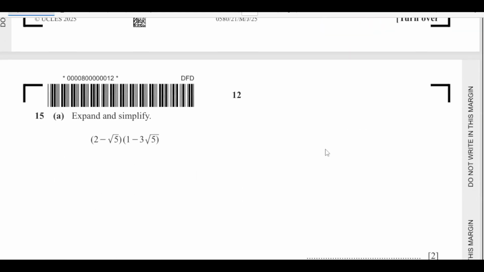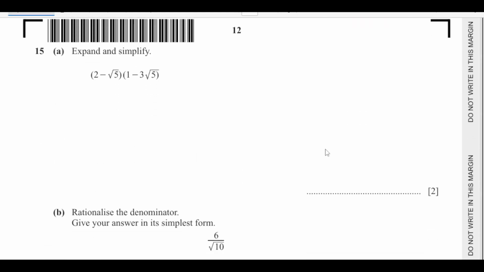Now number 15, expand and simplify. So we are just going to expand the brackets here, nothing else. So 2 is going to multiply throughout. 2 times 1 is 2, then minus 2 times 3 root 5 is 6 root 5, then root 5 is going to multiply minus root 5, plus then 3 times root 5 and root 5, it will be 5 only.